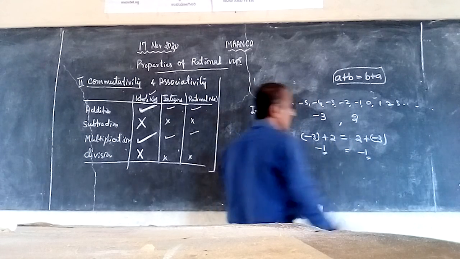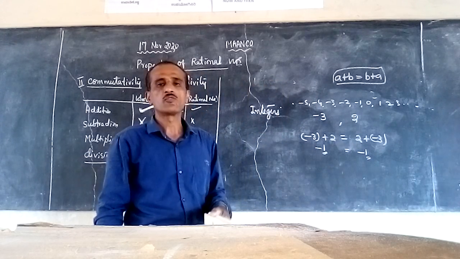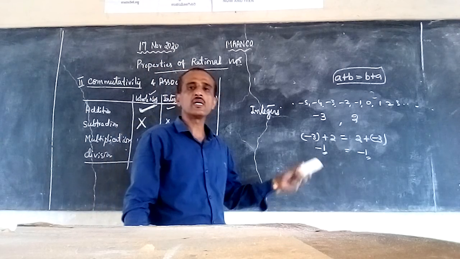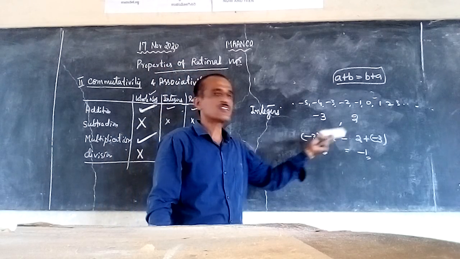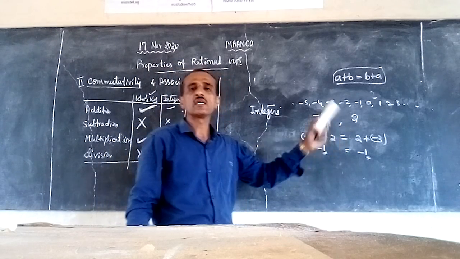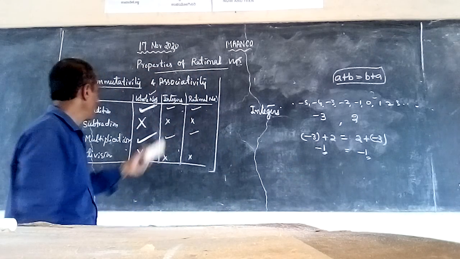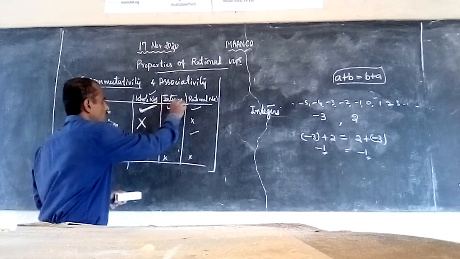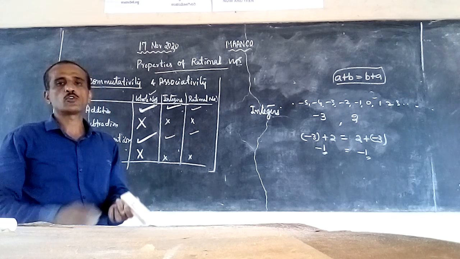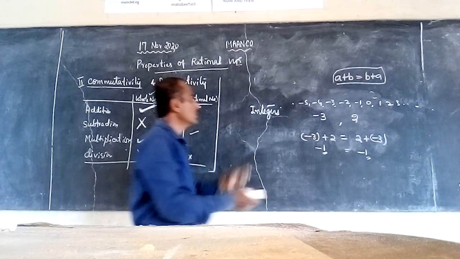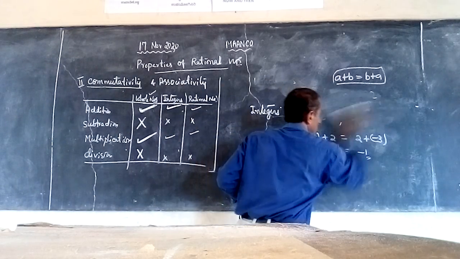Minus 1 is equal to minus 1. So, if you add any two integers and reverse the order, both are the same. Therefore, addition is commutative for integers. What about subtraction? Subtraction of integers.